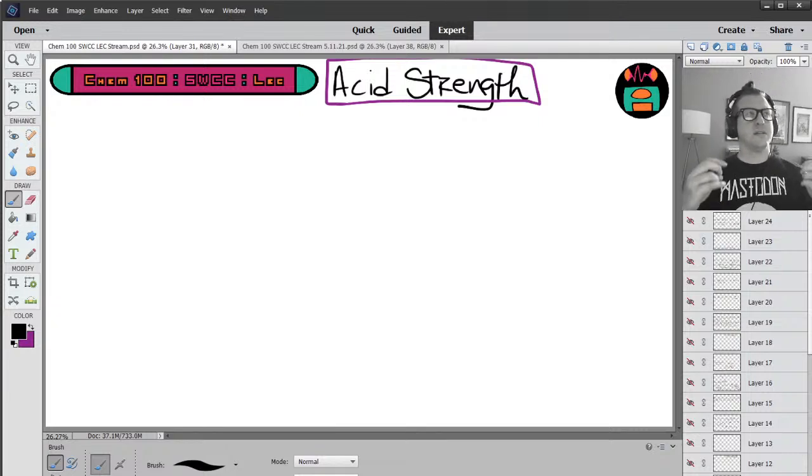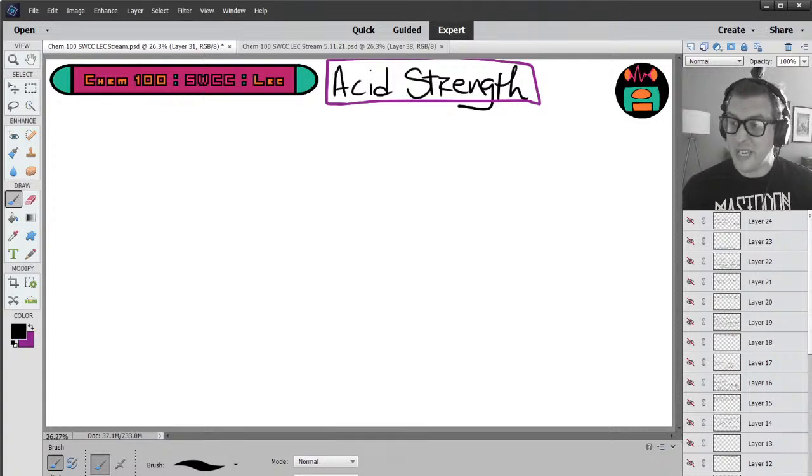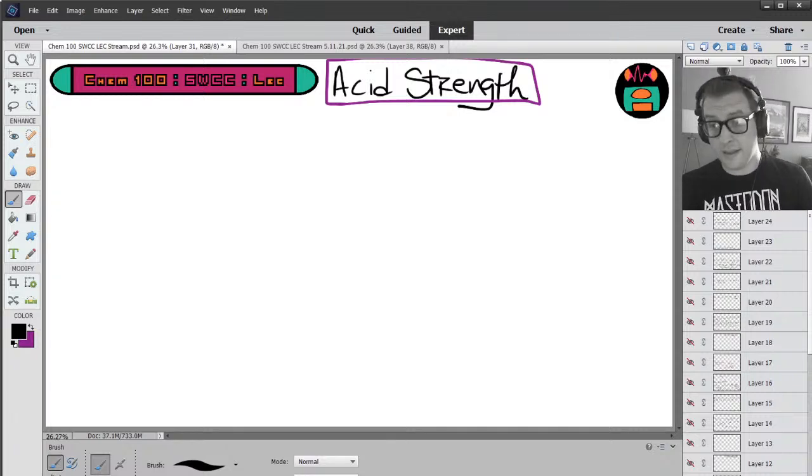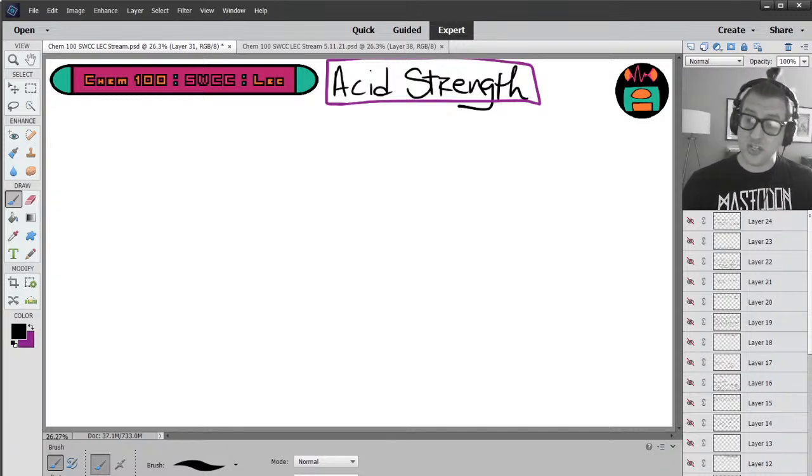This is something that's been implicit in our discussion all chapter long: different acids have different strengths, and part of an acid's strength can come from its concentration. The more concentrated something is, the more dangerous that particular solution is. If something is very dilute, it's not going to hurt you at all.